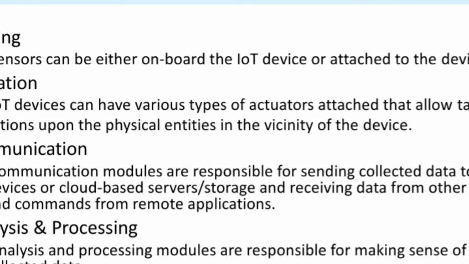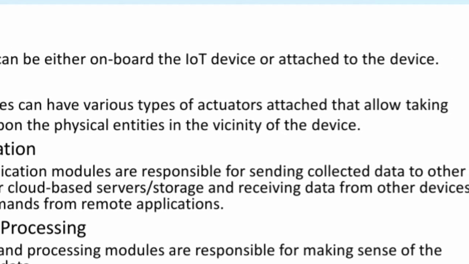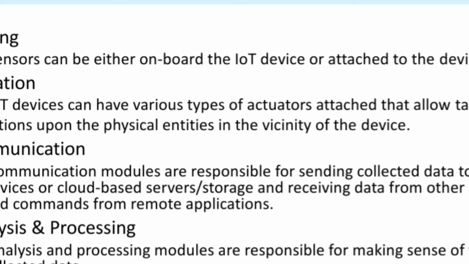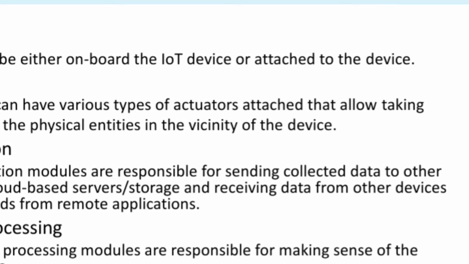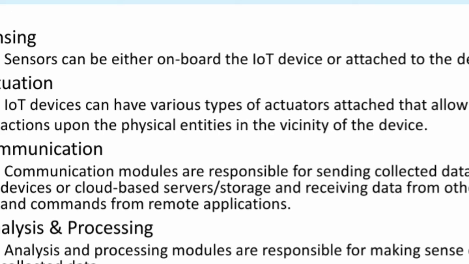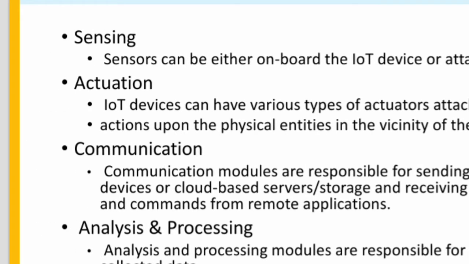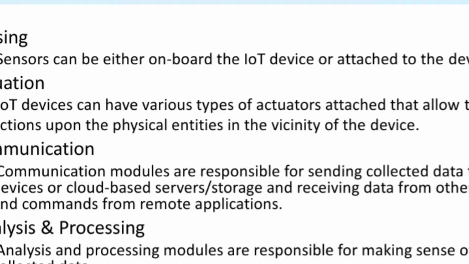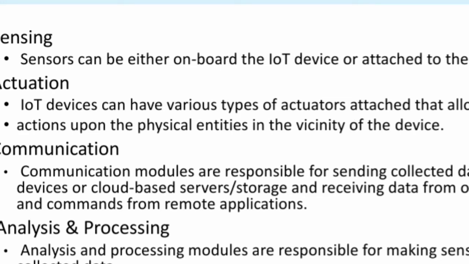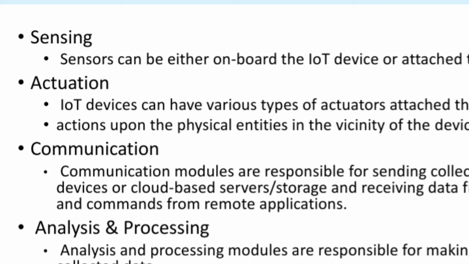Sensors can be either on board the IoT device or attached to the device. Actuation: IoT devices can have various types of actuators attached that allow taking actions upon the physical entities in the vicinity of the device. Communication modules are responsible for sending collected data to other devices or cloud-based servers or storage, and receiving data from other devices and commands from remote applications.